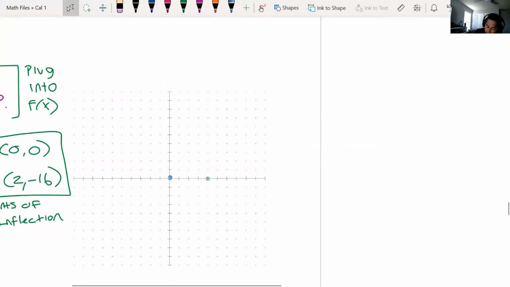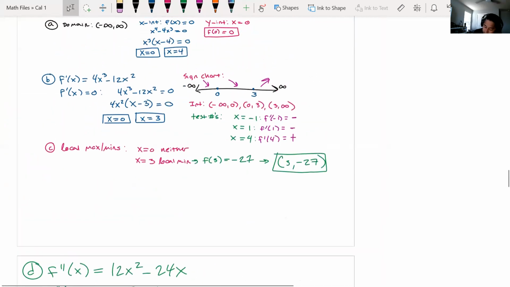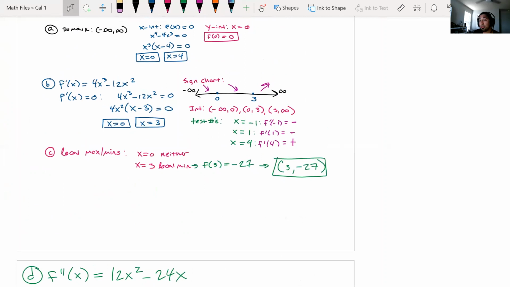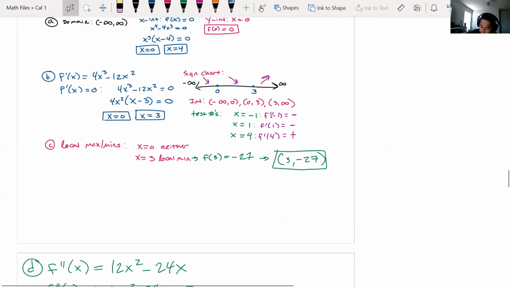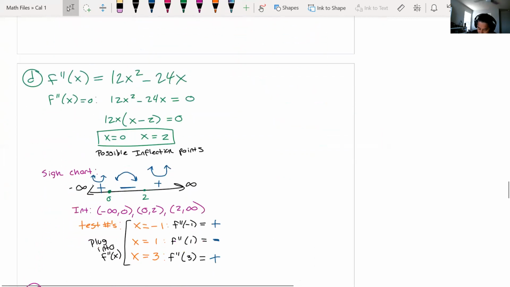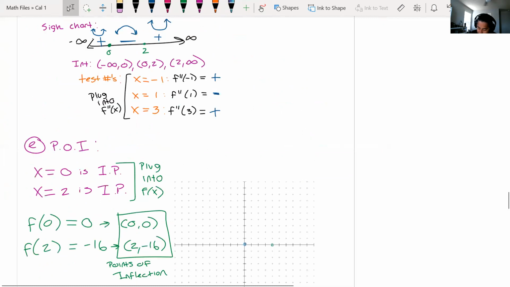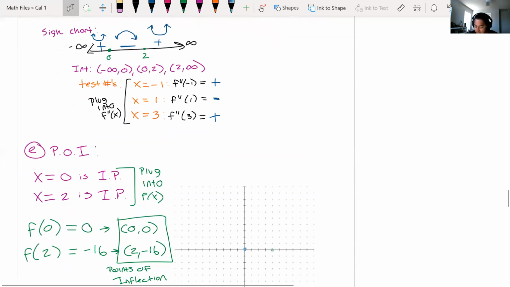Okay, and then my max and min, I only have 1. It's at 3 and negative 27, so I'm going to have to plot that. Let me look at the rest of my y values though. My inflection points are 2 and negative 16. So I have just negative 16 and negative 27.